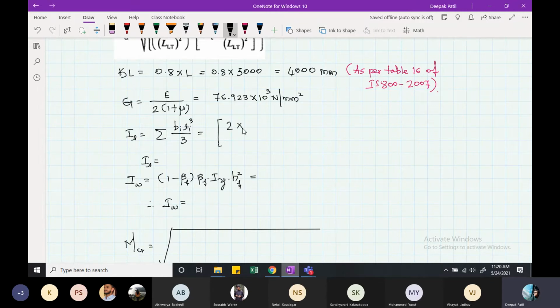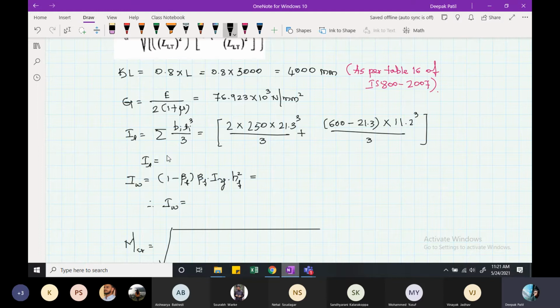We have two flanges of 250 width multiplied by the thickness of the flange, 21.3 cube, divided by 3, plus the depth of web, that is total 600 minus 21.3, the center to center distance between the flanges, multiplied by the thickness of the web, 11.2 cube, divided by 3.